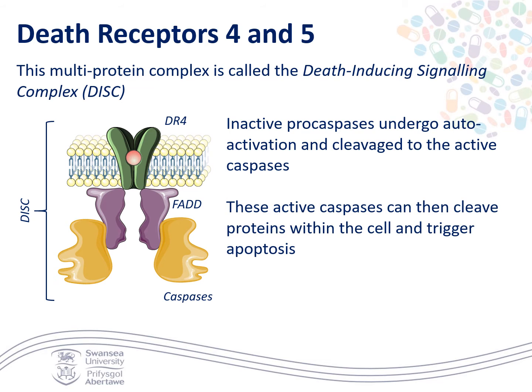As I say, these caspases can then act as a pair of molecular scissors, and then they will start breaking down and cutting up proteins in the cells in order to induce apoptosis. So procaspases are inactive and they are then activated to caspases at the DISC, the death-inducing signaling complex.